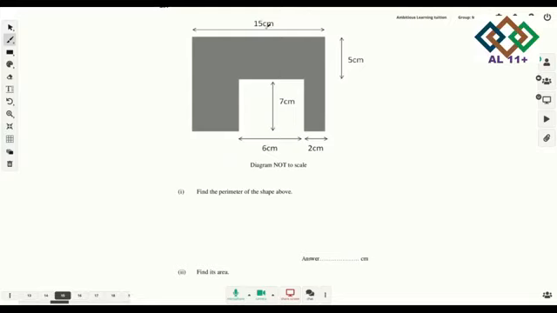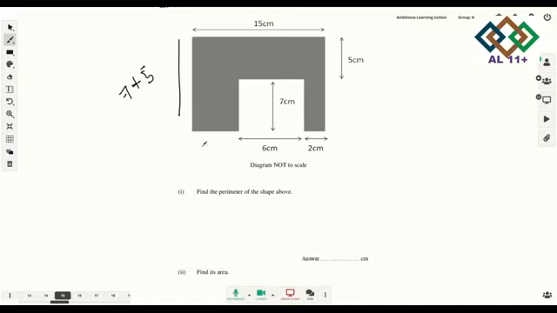This is 15. So if you look at this one, this would be 7 plus 5. That's 12. This is 5.